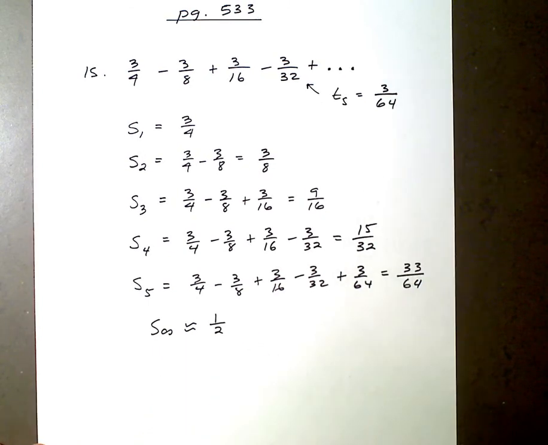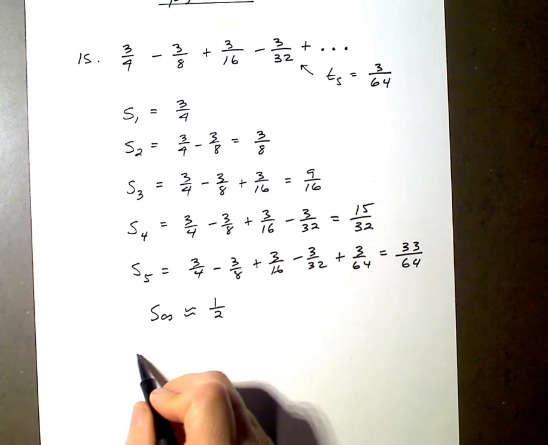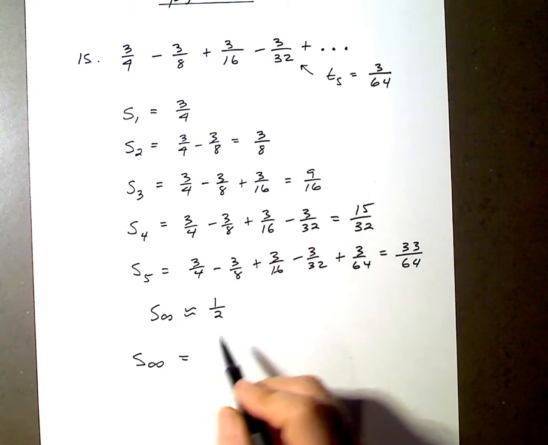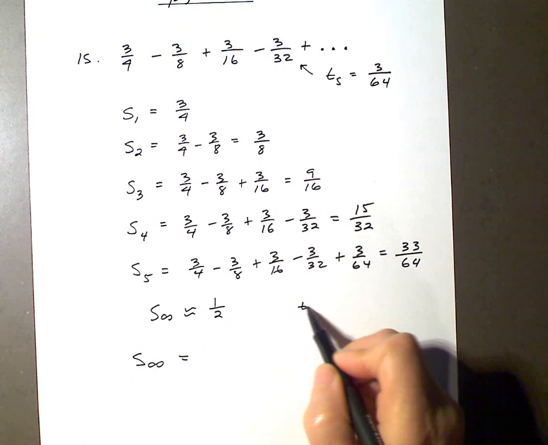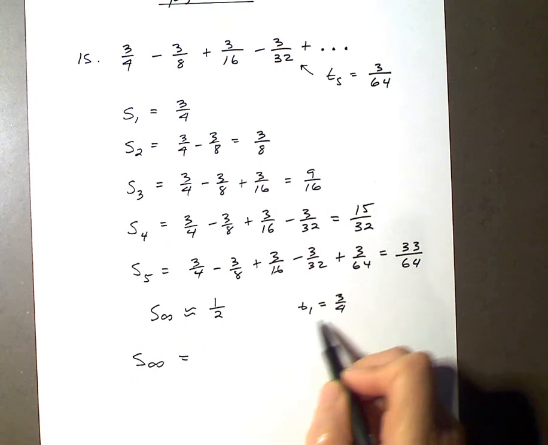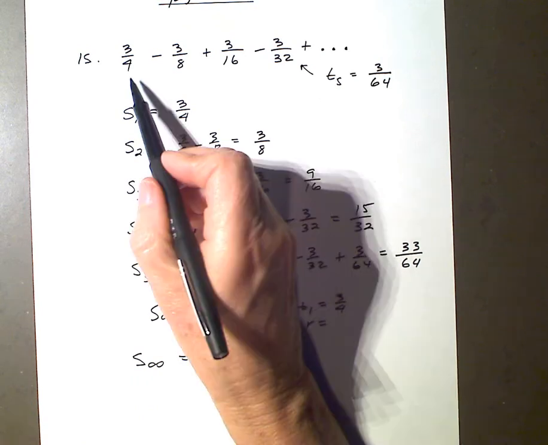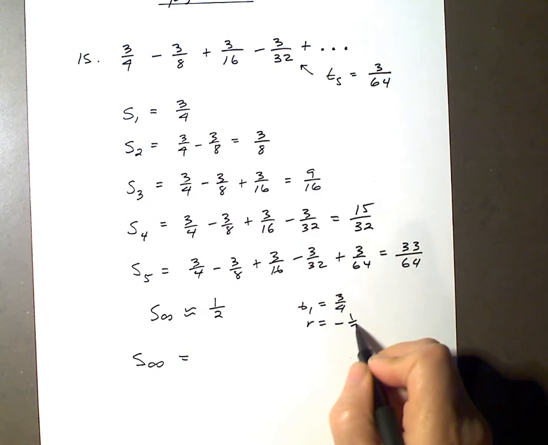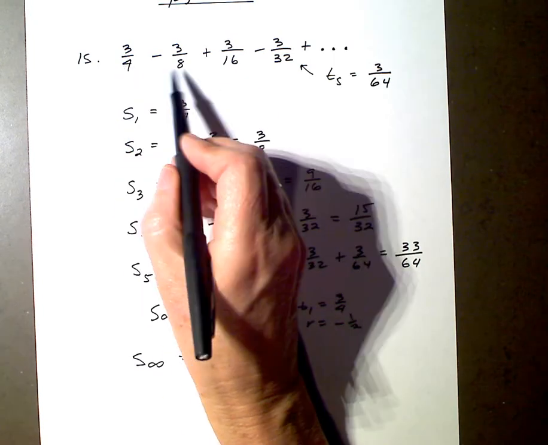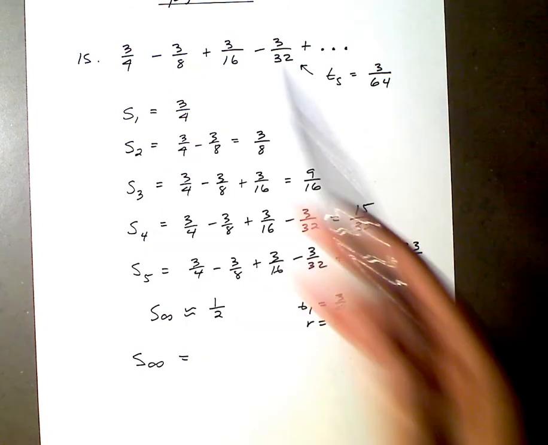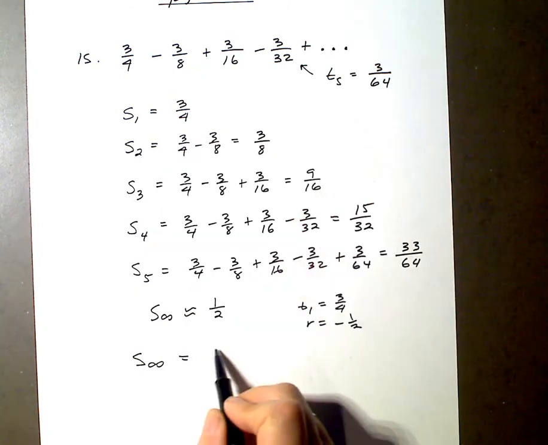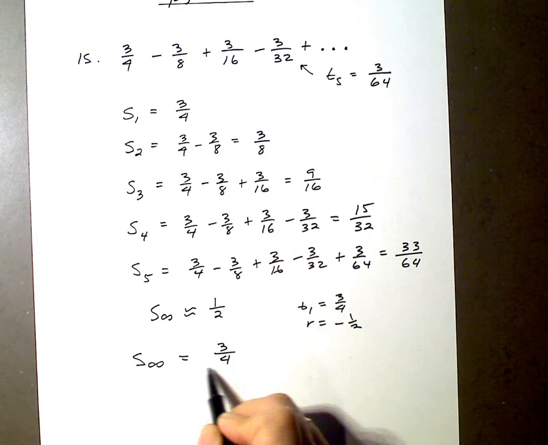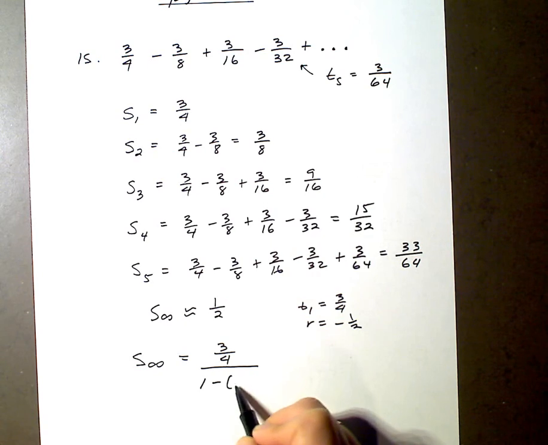Okay, so then when we actually go to find it using the formula, we need the first term is 3/4, and the common ratio is negative 1/2, as we see with the denominators doubling, and it's alternating positive to negative. So the infinite sum is 3/4 divided by 1 minus negative 1/2.